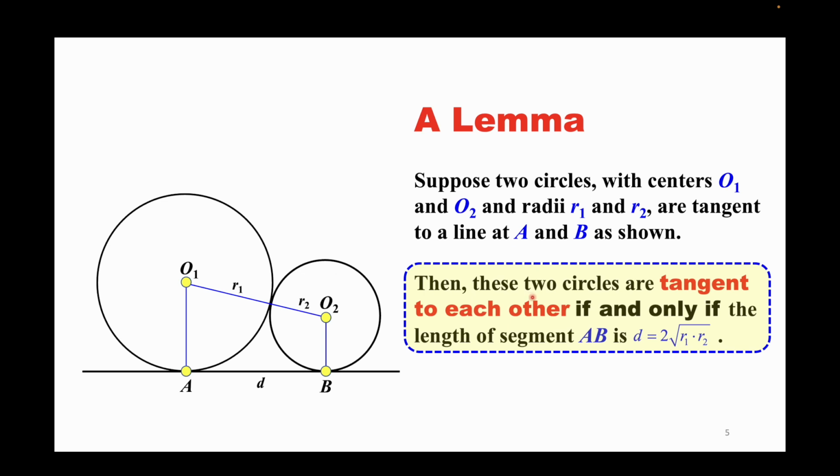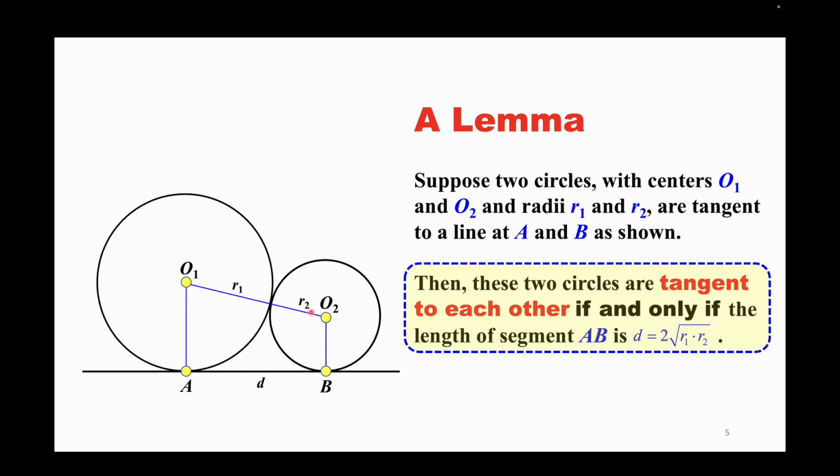This lemma states that these two circles are tangent to each other if and only if the length of the segment AB, which is D, is equal to twice the square root of the product of R1 and R2.